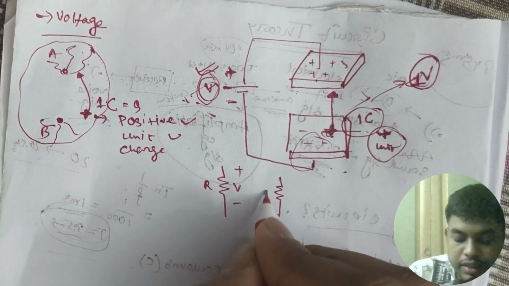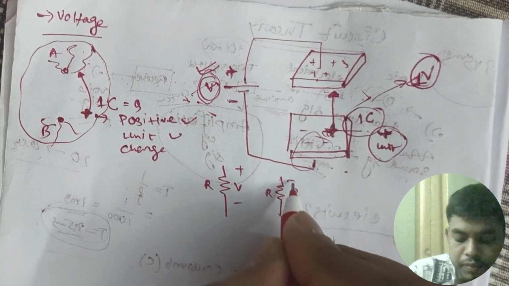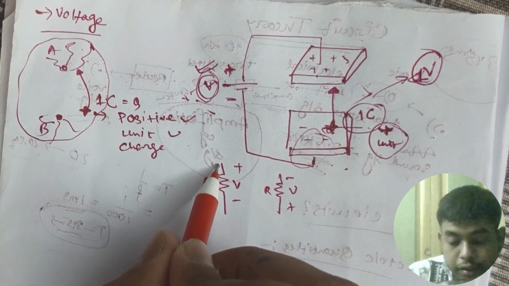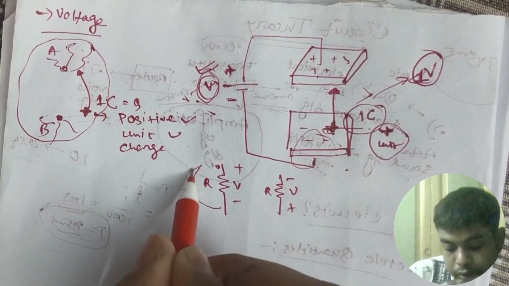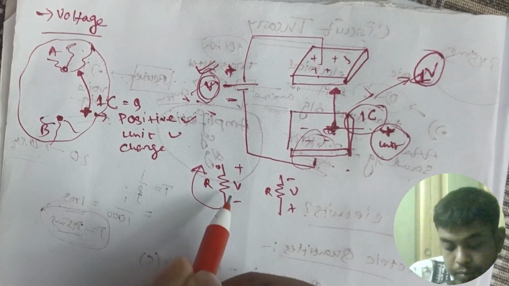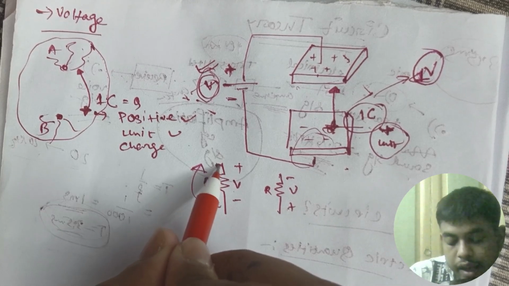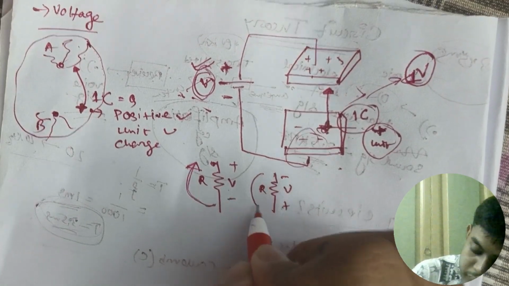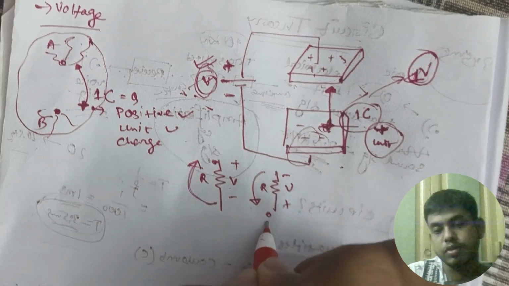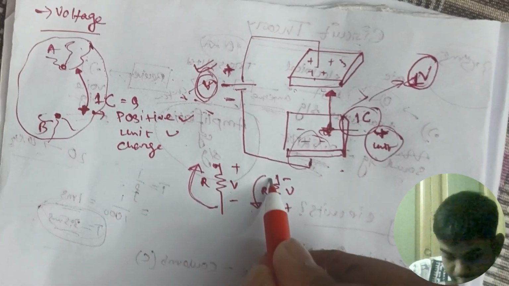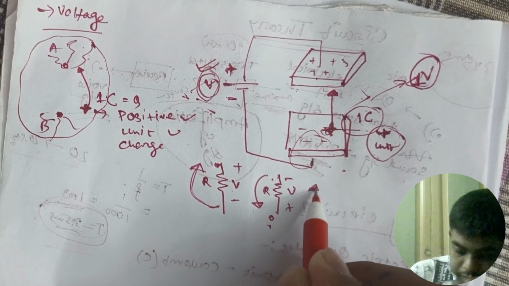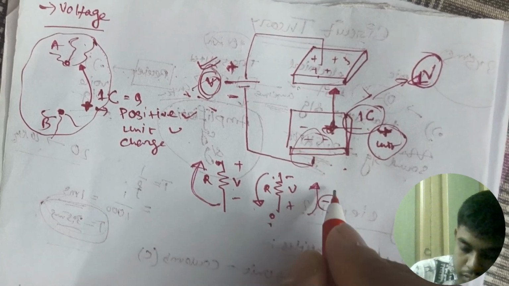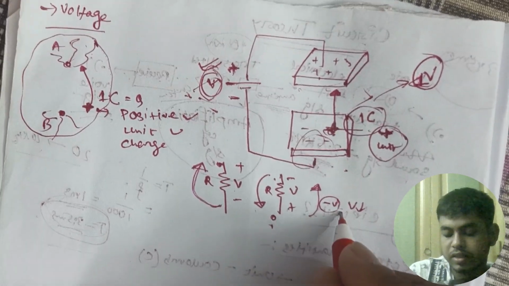And if we measure it like this, the point over here has V voltage more, and here you can say minus V voltage, or V volt less.